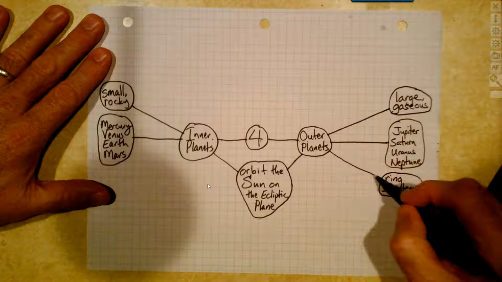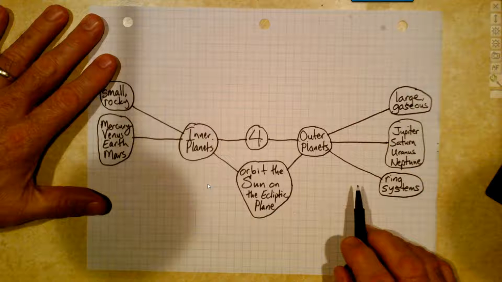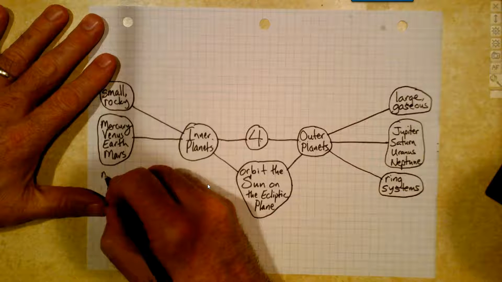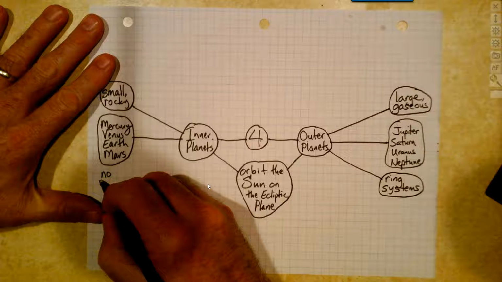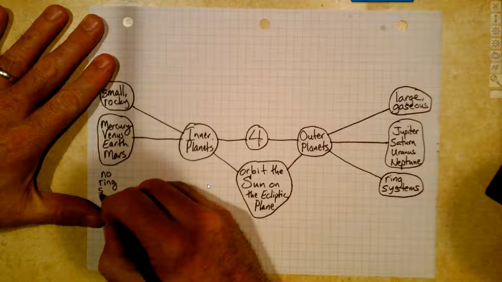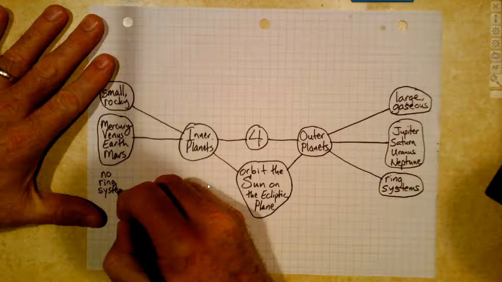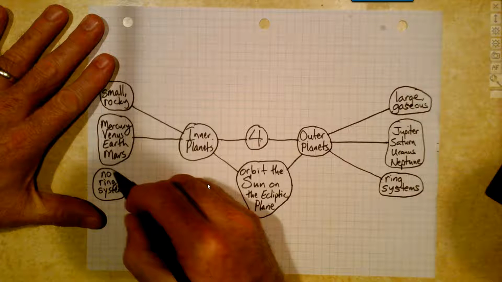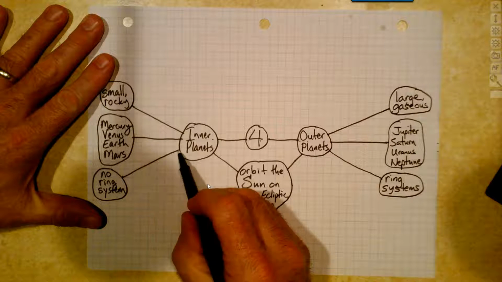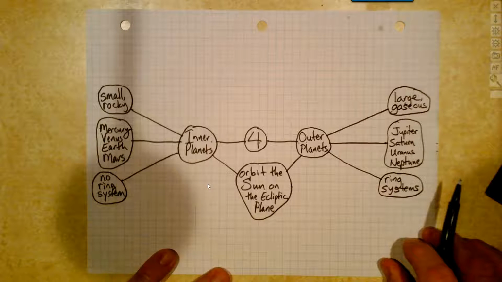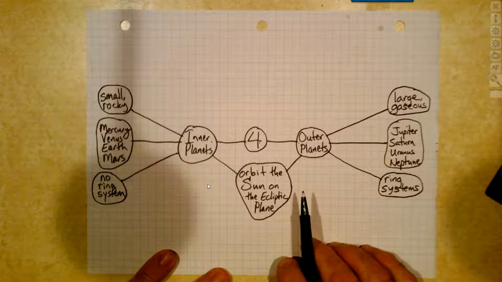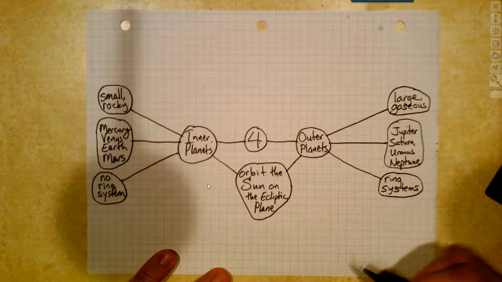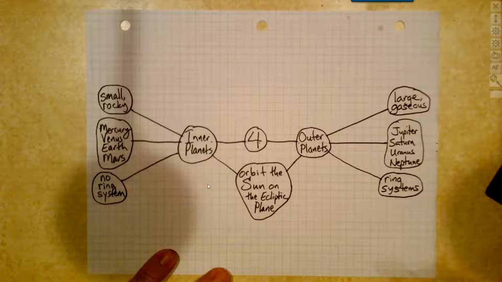Normally we try to tell students just don't write no ring system or not something. But sometimes it can't be helped. As much as possible, we want to keep things informative, not just negations of things or none or something like that.